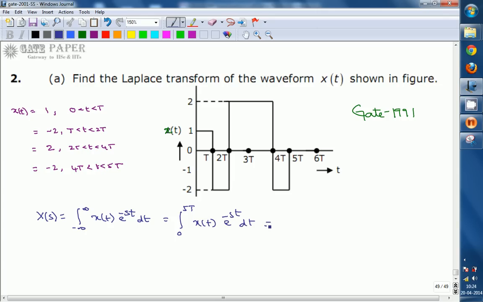We need to divide this integration over these limits.